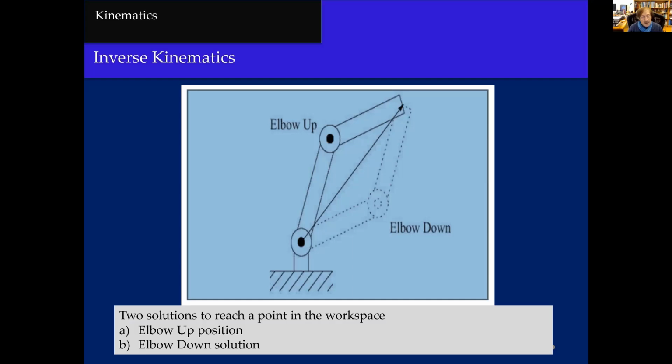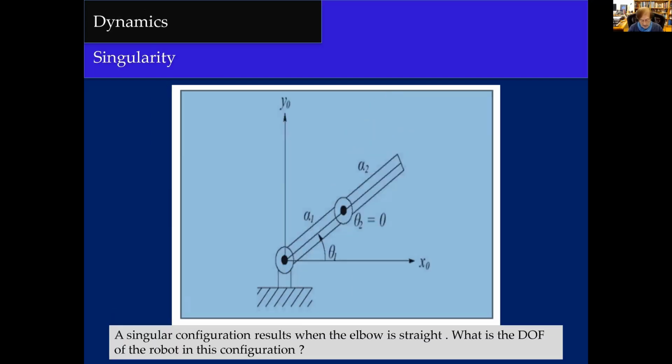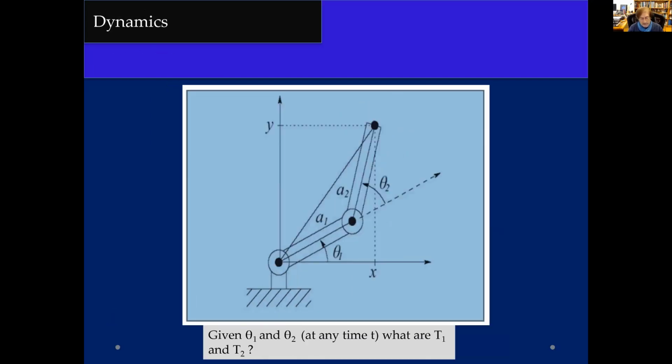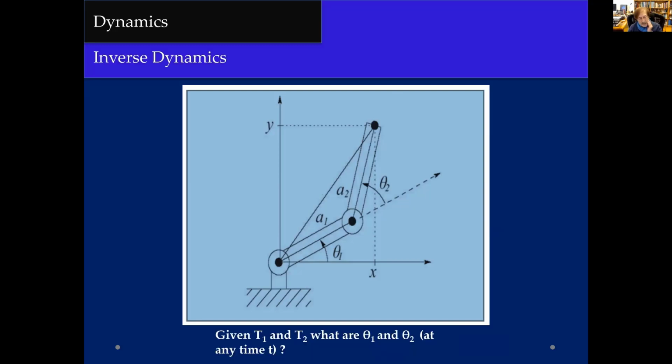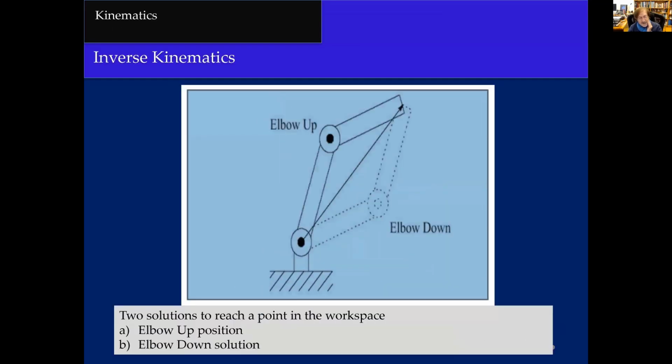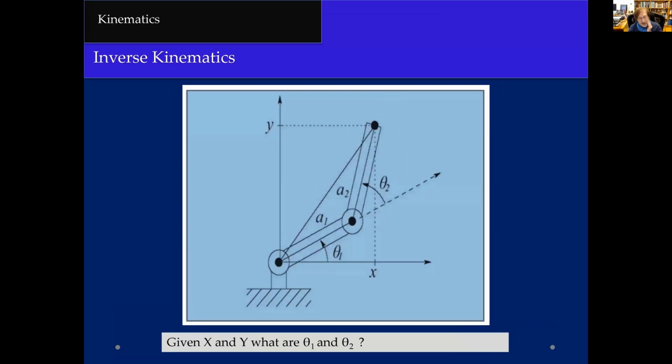Okay, maybe I skipped one thing. Let's see. Okay, given theta 1 and theta 2, just a moment, sorry, I went the wrong way up. Okay, we should talk about this problem as well.